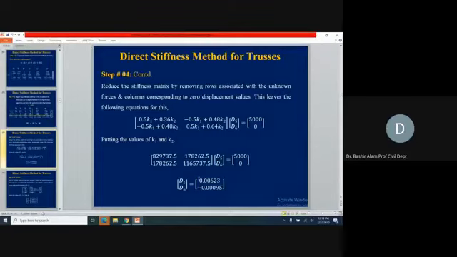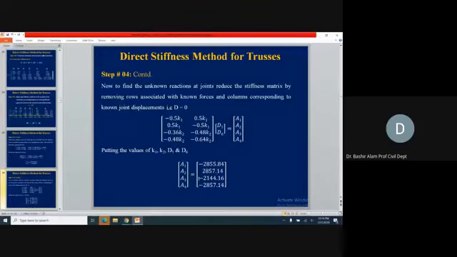Okay, once we found this, we will now go to the other slide. Here, to find the unknown reactions at joints, reduce the stiffness matrix by removing rows associated with known forces and columns corresponding to known joint displacement, that is D equal to 0.